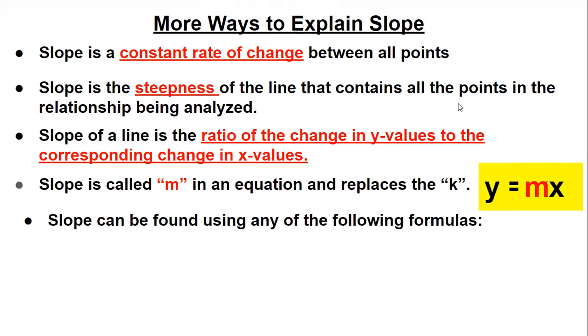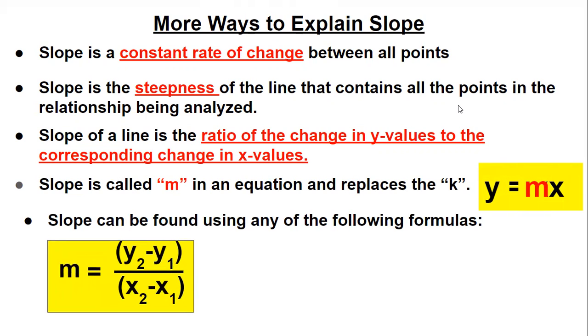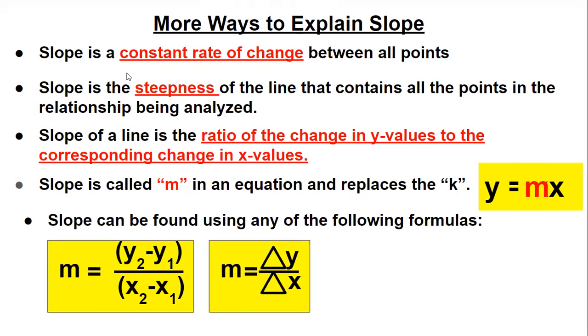Slope can be found using any of the following formulas. m equals, where have you seen that before? (y2 - y1) over (x2 - x1). That is our rate of change, right? So slope is really a rate of change. Another formula is the change in y over the change in x. Again, the triangle means the word change.